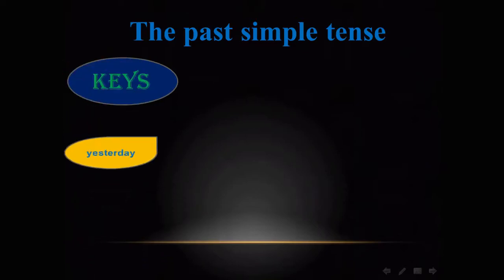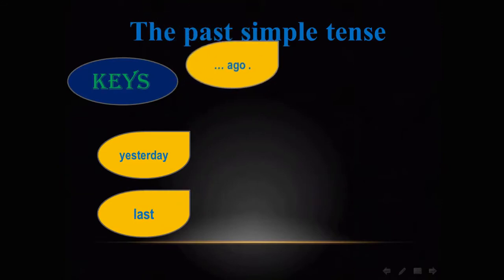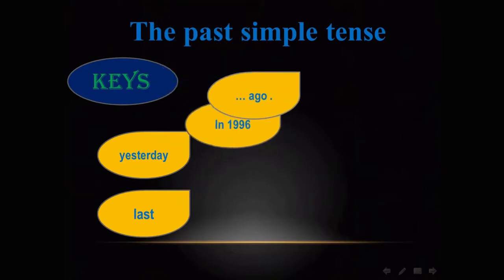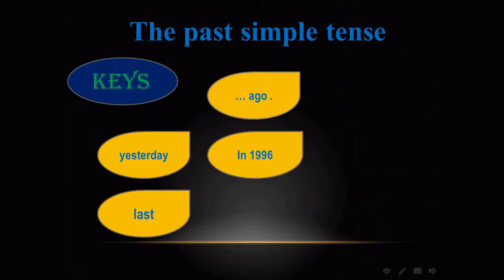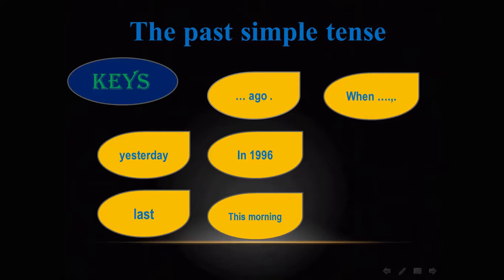As for the past simple tense, we have the keys: yesterday, last, ago, in followed by any previous year, in أي سنة عدت. This morning هو الصبح. When ومع two phrases or two sentences when we talk about the past actions.